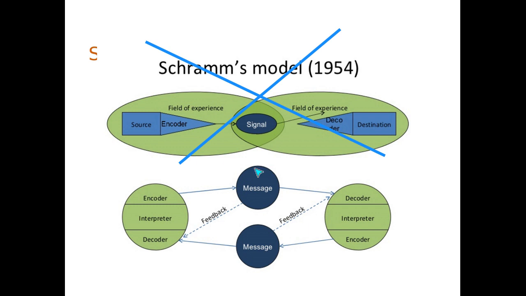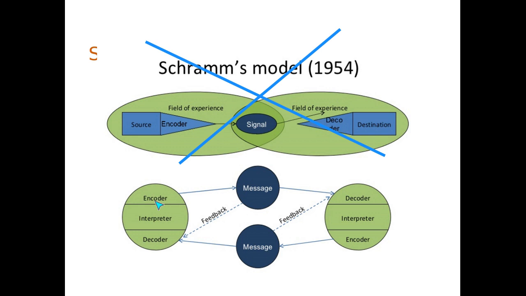So first things first, you can see this is not a straight line. Also, let's start here. Person A. Person A starts off as an encoder. So remember we spoke about the 7 points of communication. One of the points is encoding messages into symbols.